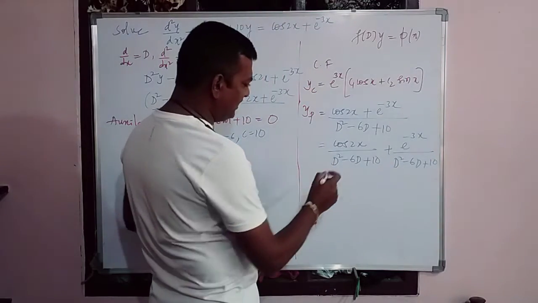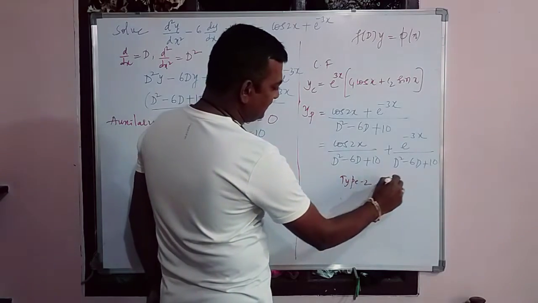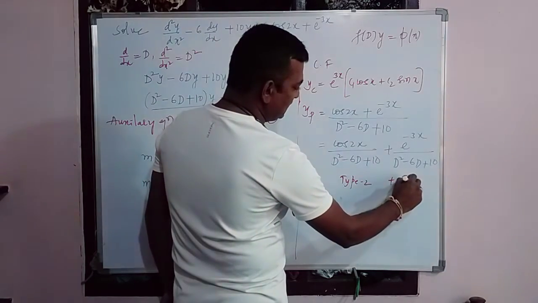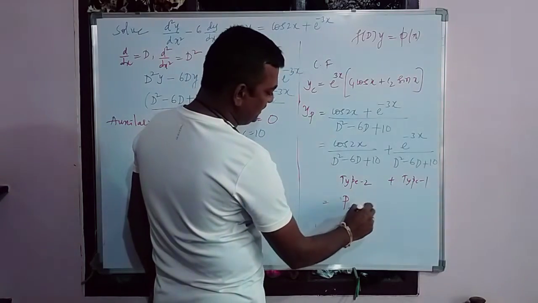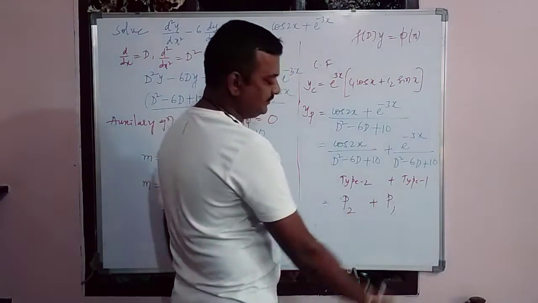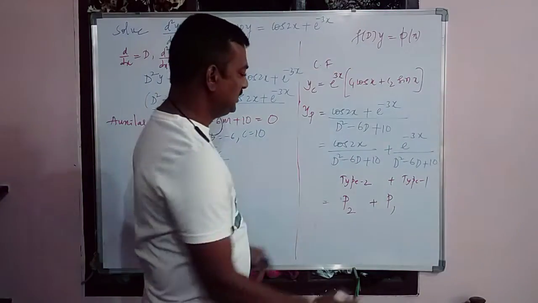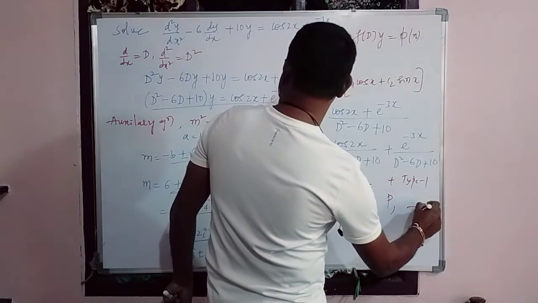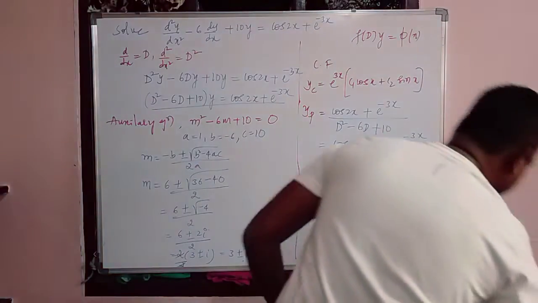As I mentioned already, this is a type 2 example and this is a type 1 example. Call them P2 and P1, particular integral 1 and particular integral 2, and call this equation number 1. Now let us find P1 and P2 here.